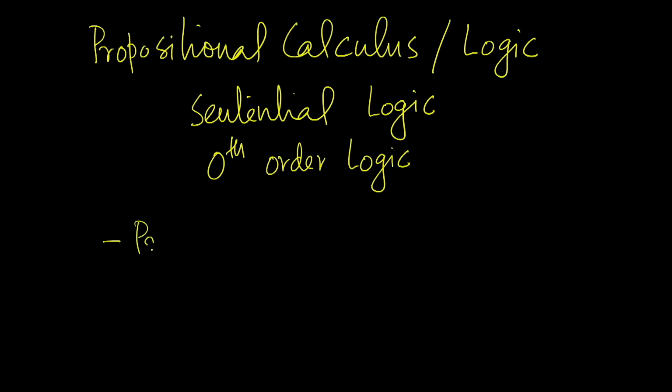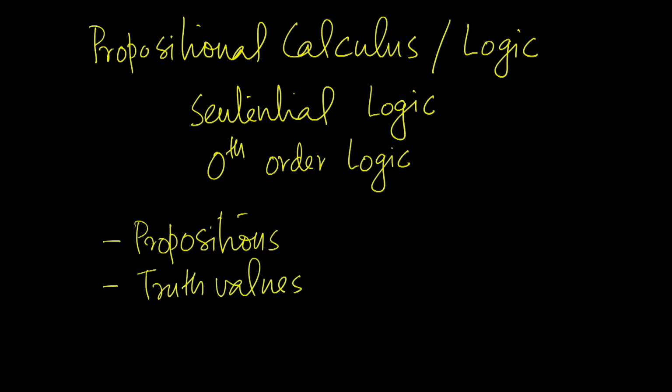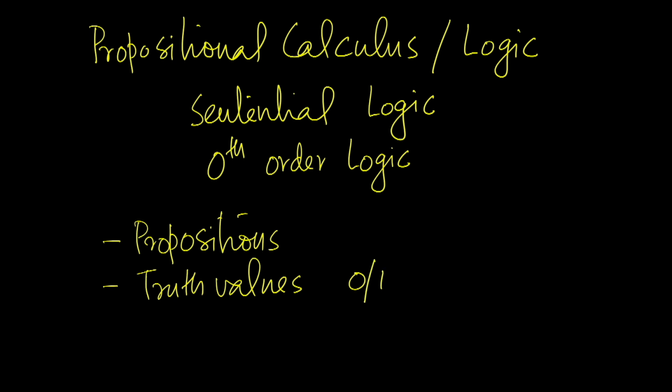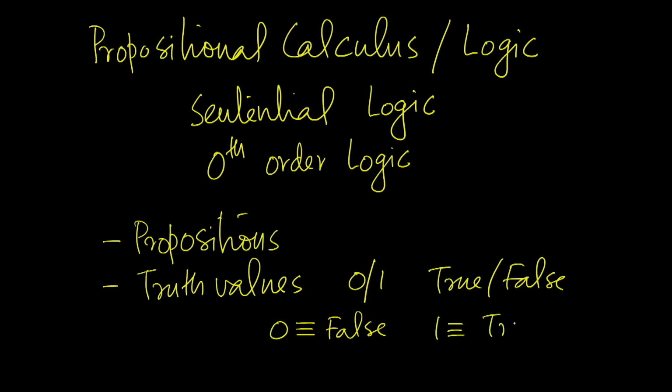In propositional calculus, we deal with propositions. These propositions take on truth values. The only semantic entities that we deal in propositional calculus are truth values. The truth values could be 0 or 1 or true or false. 0 corresponds to false and 1 corresponds to true.